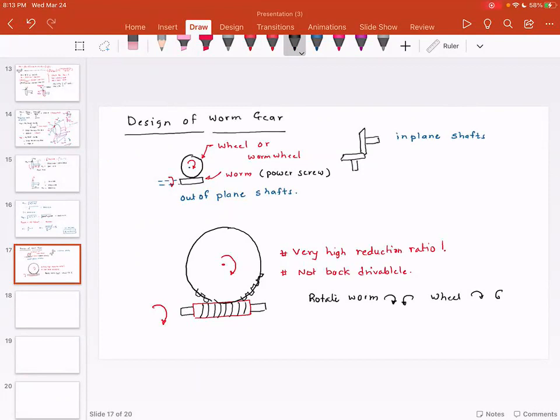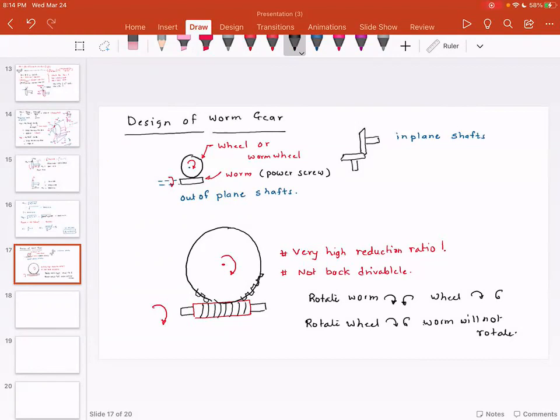But if you rotate the wheel in either direction, the worm will not rotate. So this is very important.